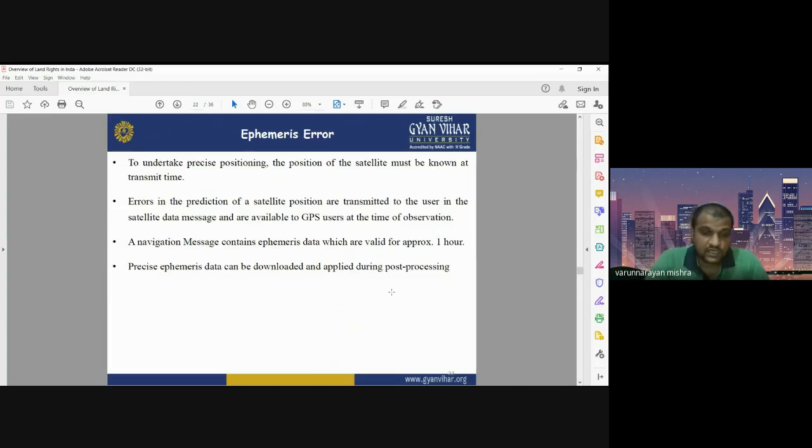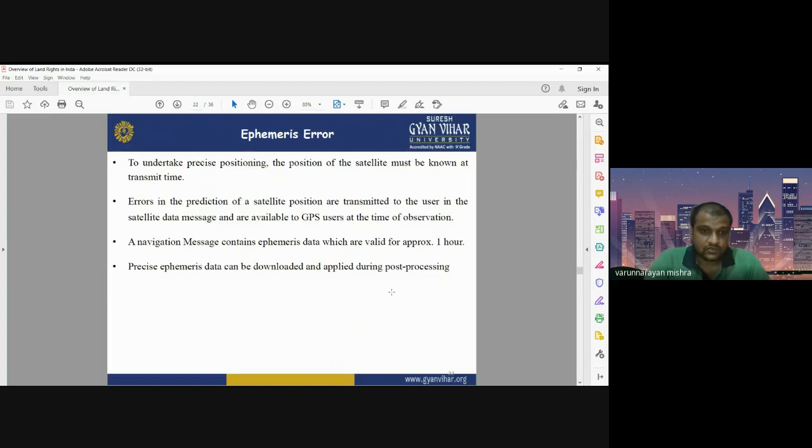It's a kind of temporary data set, temporary information that is received by the GPS receiver. So it is very important to get the ephemeris data. Without getting the ephemeris data, you cannot get the exact or precise information on the Earth surface.